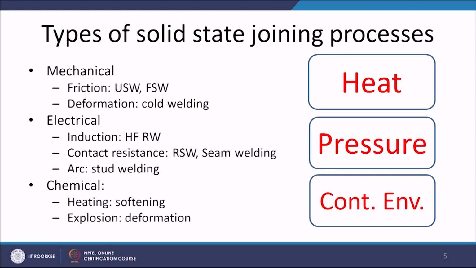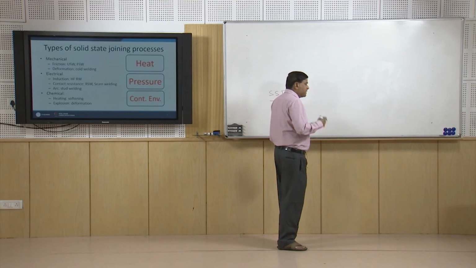Electrical energy is used, like induction in case of the high frequency resistance welding process, contact resistance in case of resistance spot welding, seam welding, etc., and arc is used in case of stud welding. Chemical energy is used for heating for softening purpose using the flame, where chemical reaction between the combustible gases and oxygen is used for developing enough heat, and the explosion, which is the impact force, is generated for developing the deformation at the interface.